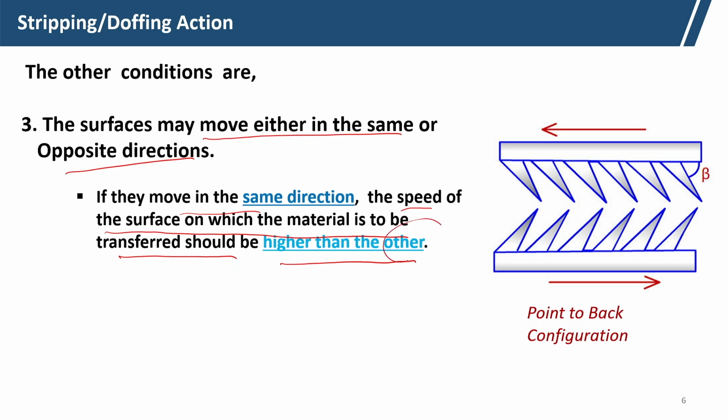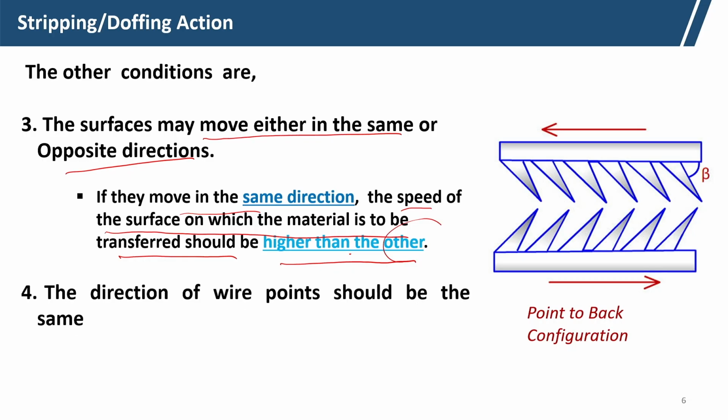So, it will move like here in the cylinder and Licarin, as I have mentioned, cylinder is moving at higher speed, that means cylinder will take the material from Licarin to its surface, and direction of the wire point should be same. So, that is the condition which is different from the carding condition.